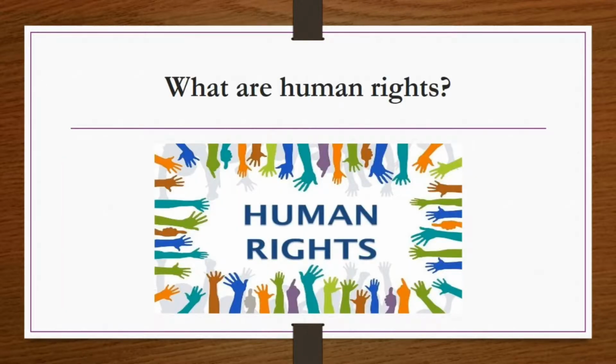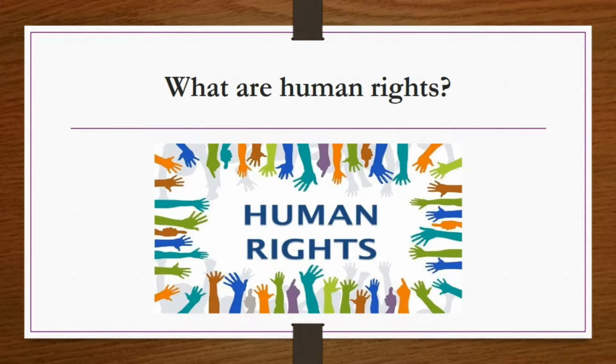So what are human rights? These are basic rights and freedoms that belong to every individual in the world. They apply regardless of ethnic ties or religious beliefs. These rights cannot be taken away from an individual, although they can sometimes be restricted. For example, if a person breaks the law, or in the interest of national security, they can be restricted.